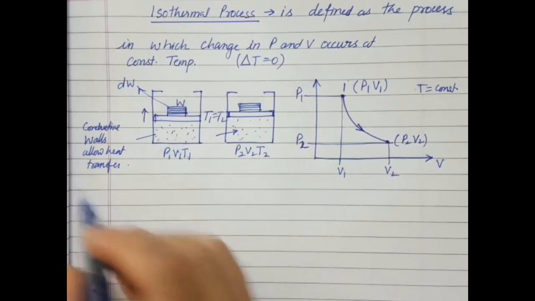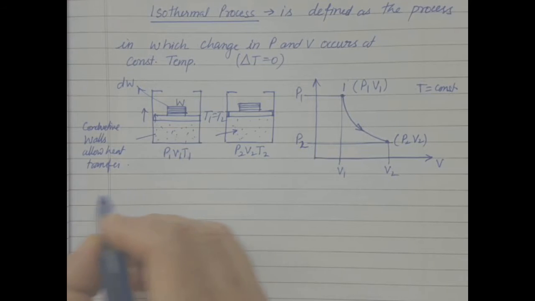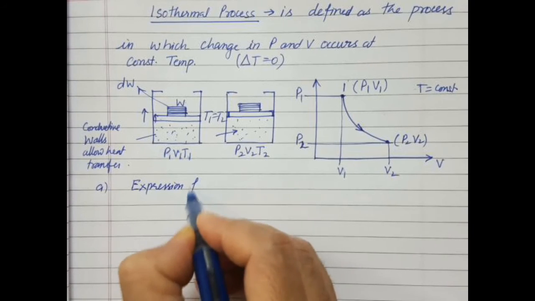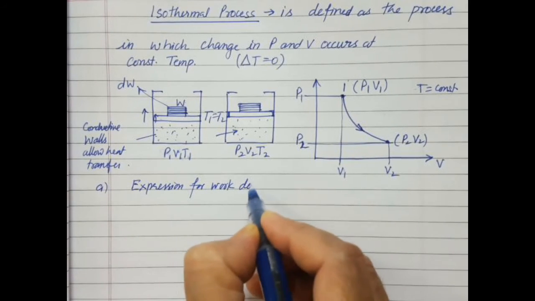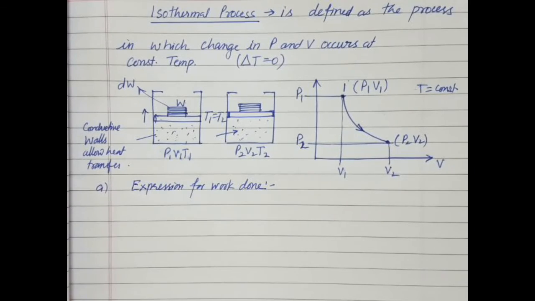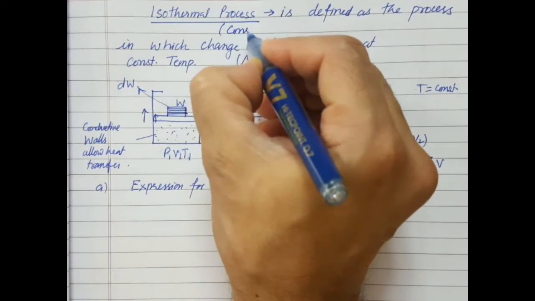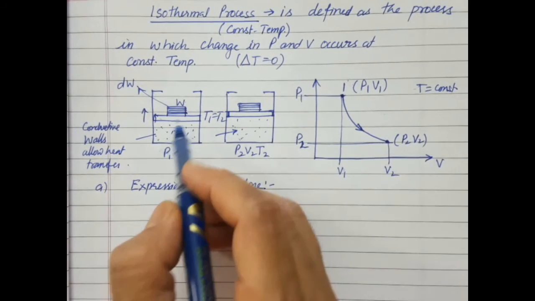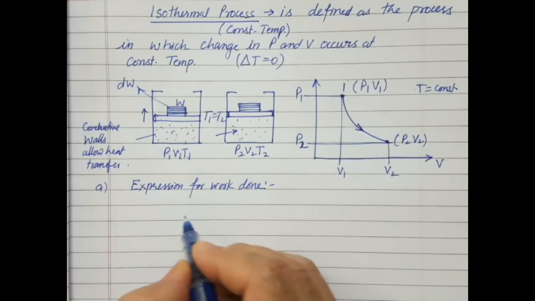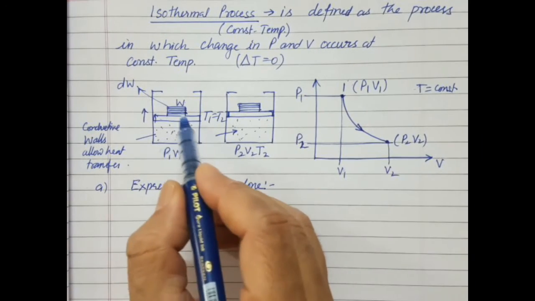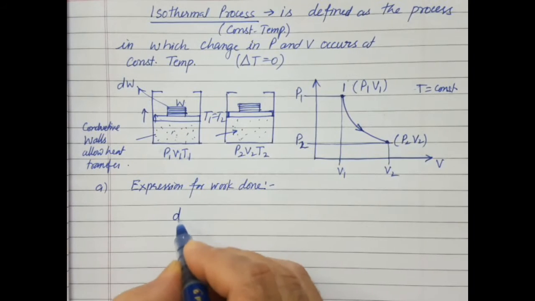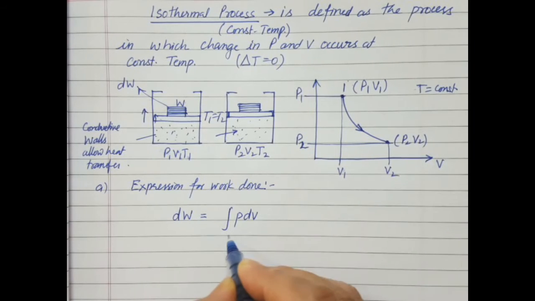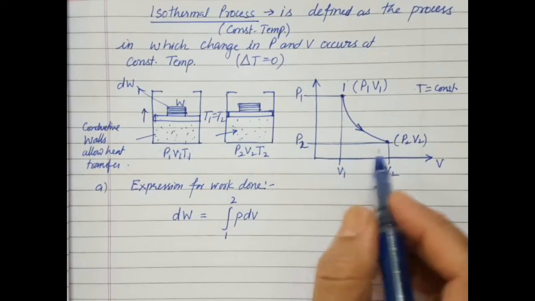Now let us calculate the work done, the expression for work done in isothermal process at constant temperature. Now as we remove a very small amount of weight from the piston, the work can be calculated by integrating pressure and volume between states 1 and 2.